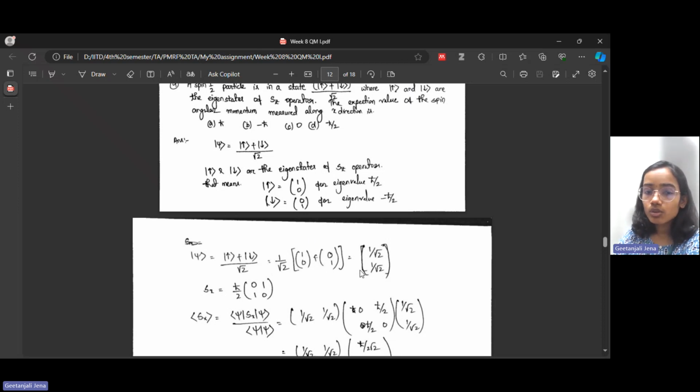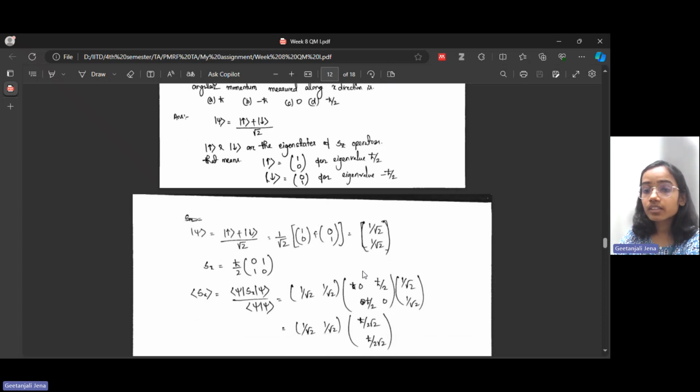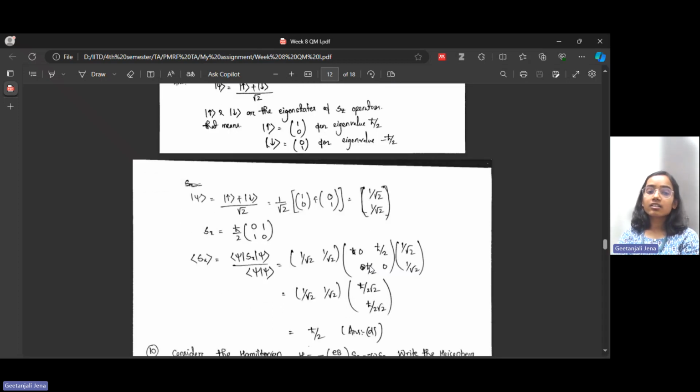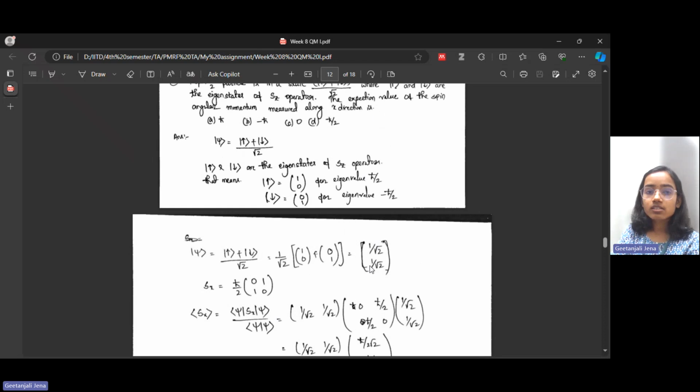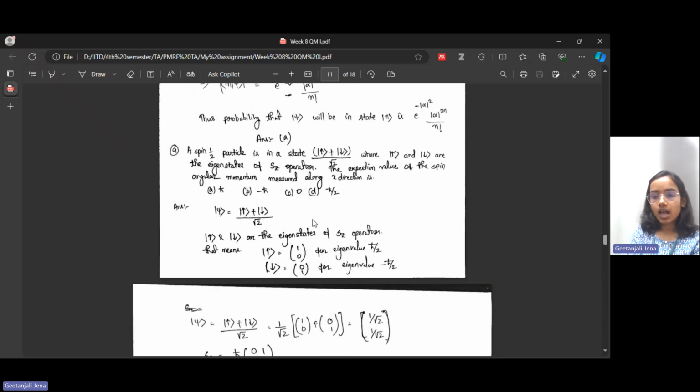From the column vector of psi, you can find the bra vector of psi, which is the row vector 1 by root 2, 1 by root 2. Now use this column representation and the matrix representation of Sx and psi, and solve this matrix equation. If you solve it, you will get that the expectation of Sx is h bar by 2. So the answer is h bar by 2, which is answer D.